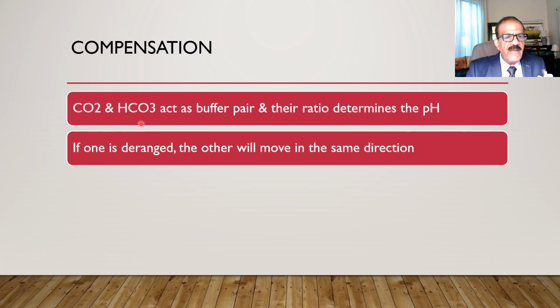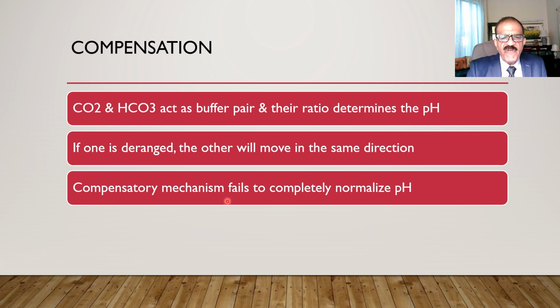Now, in the other way, if bicarb is increased, carbon dioxide will also be increased by reducing ventilation, and if bicarb is reduced, then carbon dioxide will also be reduced accordingly. So whichever way bicarb goes, carbon dioxide will also go the same direction by nature's compensatory mechanism.